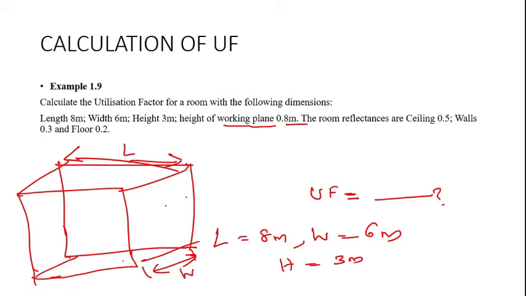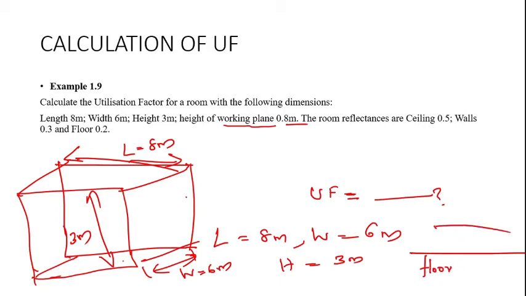Length is 8 meter, width is 6 meter. Then height of this room is given as 3 meter. And the height of working plane is 0.8 meter. That means, suppose this is my floor level, then this working plane is situated 0.8 meter from the floor. That is what I mean by the height of working plane, 0.8 meter.